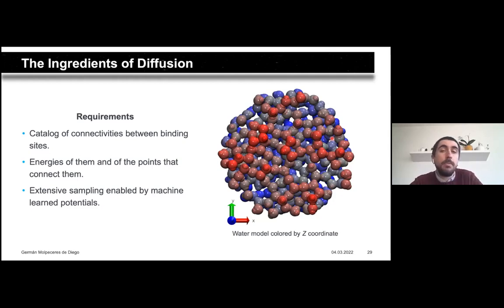For each one of them, we need the energies and the energies of the points that connect the elements in the catalog. And this is, again, enabled thanks to a fast and reliable sampling of the surface using machine learned potentials.